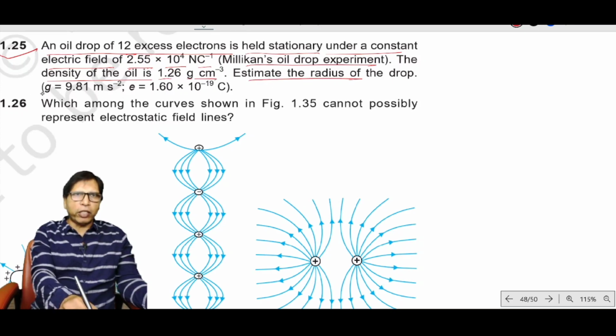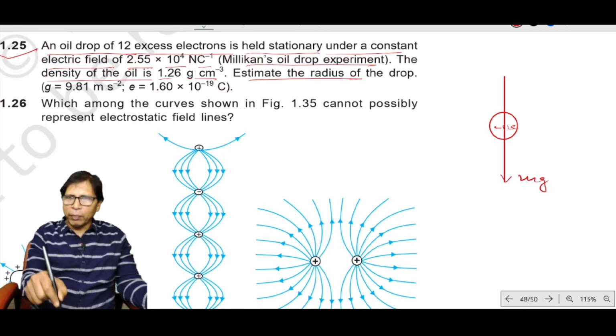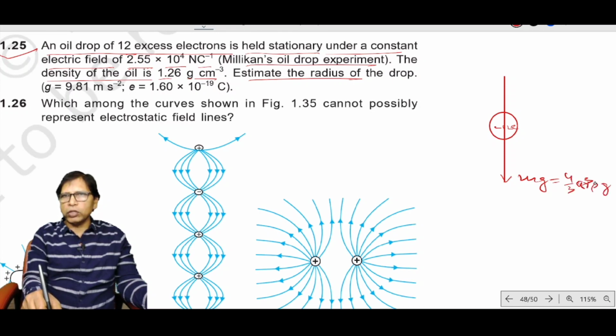Estimate the radius of the drop. This is the oil drop and it has 12 excess electrons. The forces acting on the oil drop: its weight mg, directed vertically downward, equal to 4/3 pi r cubed rho g.